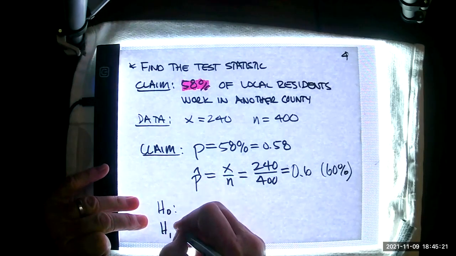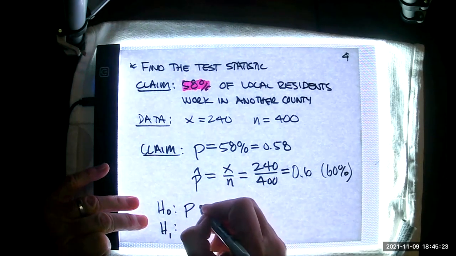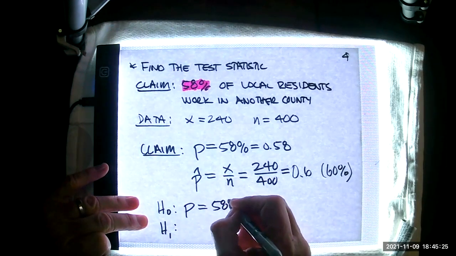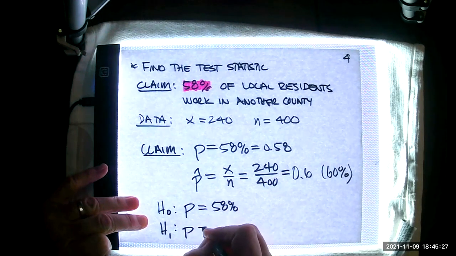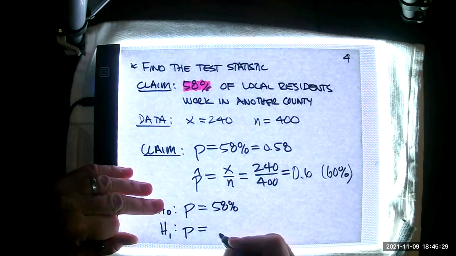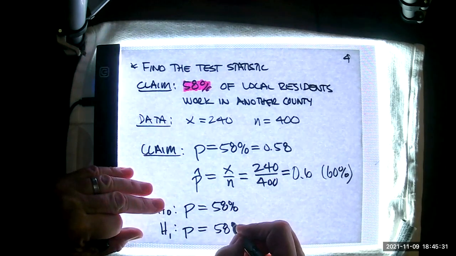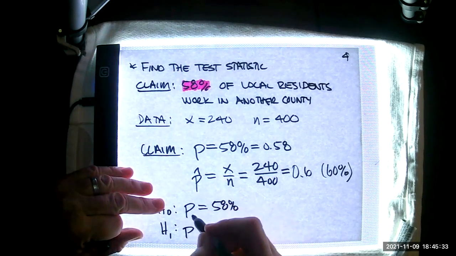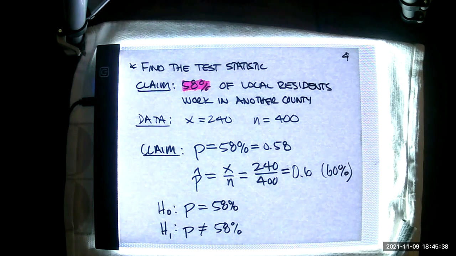Now, the other thing I want to do is to write the null and the alternative hypothesis, just to make sure I understand how this is going to work. P equals 58%. And if you go back and look at my example, I believe it was from last night, the inequality that is the flip side of equals is not equals.